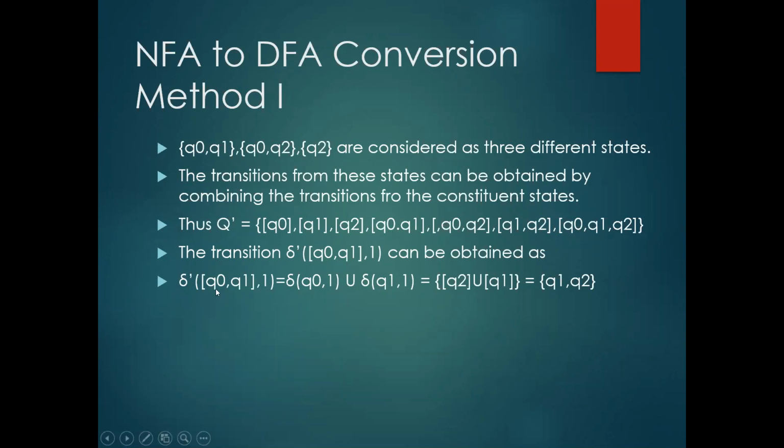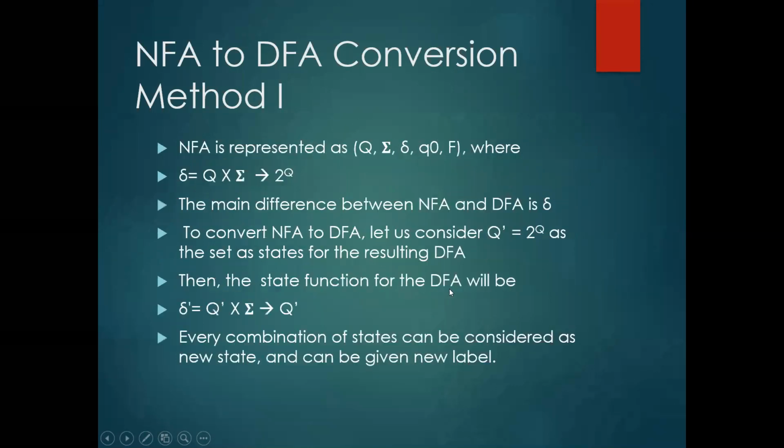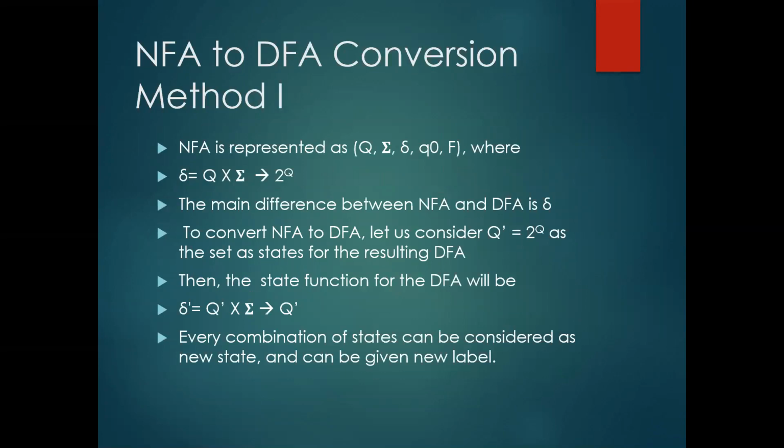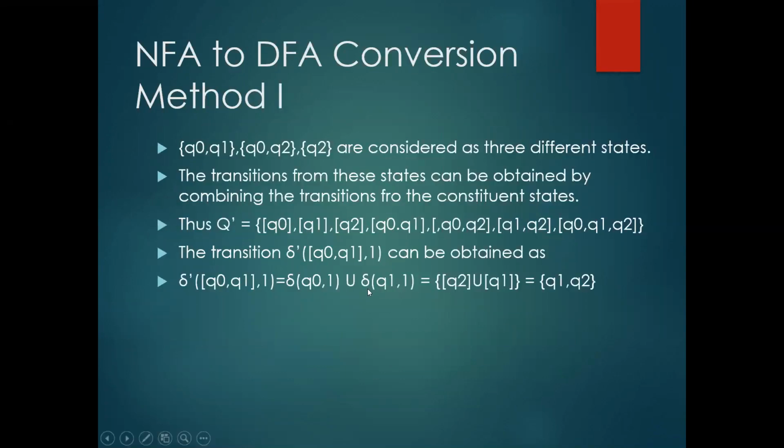So if you consider the same example, Q0 give input 1, Q1 give input 1, and whatever is their answer, we have to find the union of that. Q0 on 1 is Q2, and Q1 on 1 is Q1.